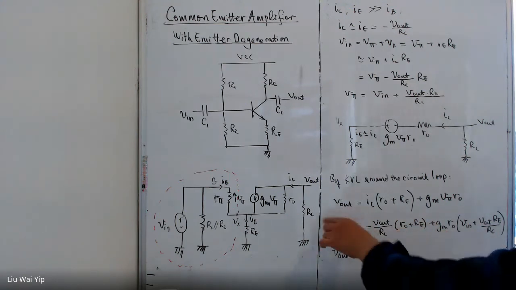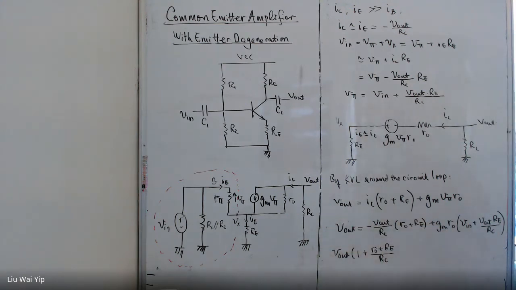So this one has gone to the left side, and this one is gm, r0, and then the RE, and then divided by RC. On the left side; on the right side, it is going to be easy.